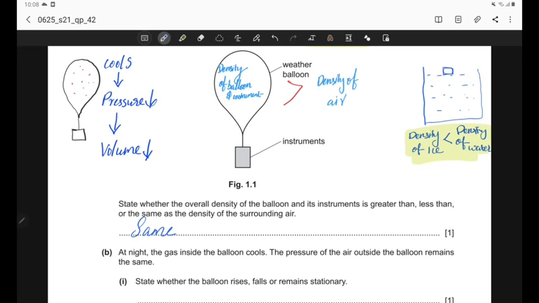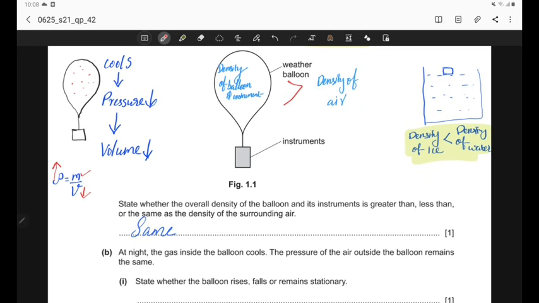So the mass remains the same but the volume reduced. So we can check the equation of density: density is mass over volume. Here the mass of the gas molecules inside the balloon still remains the same, but the volume has reduced, so that the density will increase.